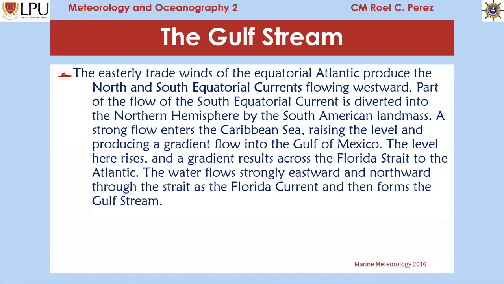The level here rises and the gradient results across the Florida Strait to the Atlantic. The water flows strongly eastward and northward through the strait as the Florida current and then forms the Gulf Stream. So na-explain ko na rin to kanina, no?